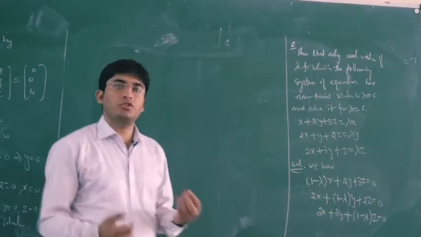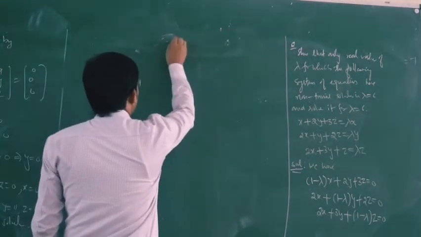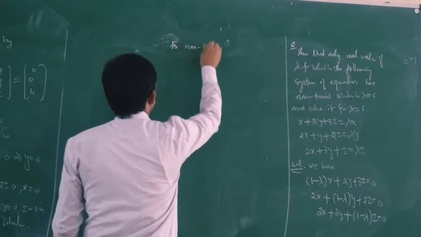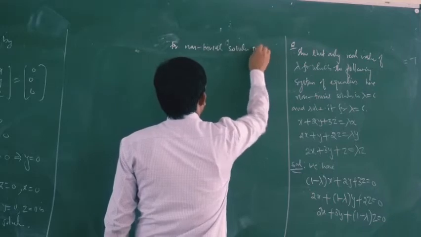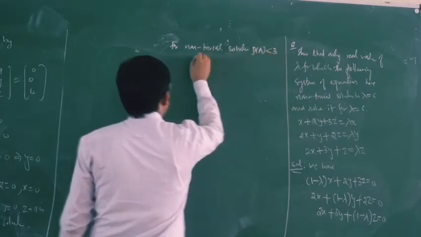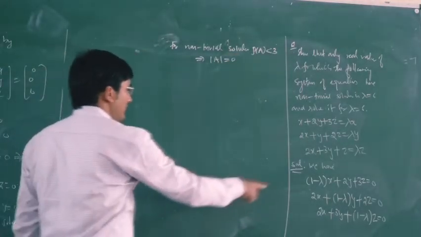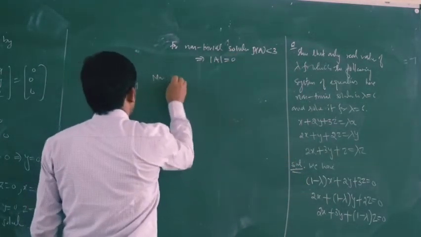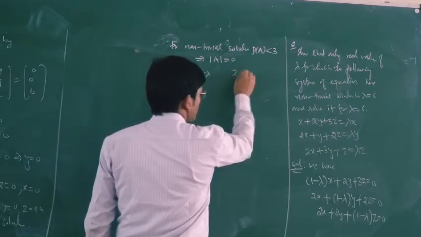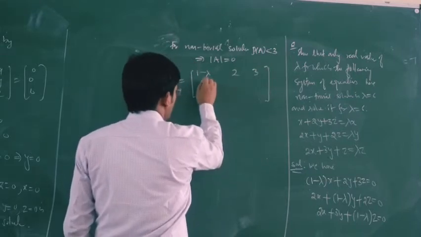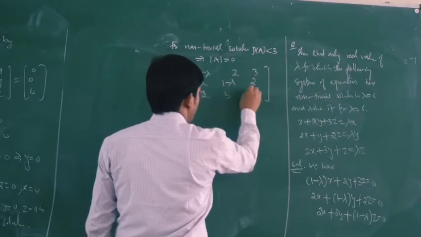That means your determinant should be equal to 0. Now the coefficient matrix is [1 minus lambda, 2, 3; 2, 1 minus lambda, 2; 2, 3, 1 minus lambda].